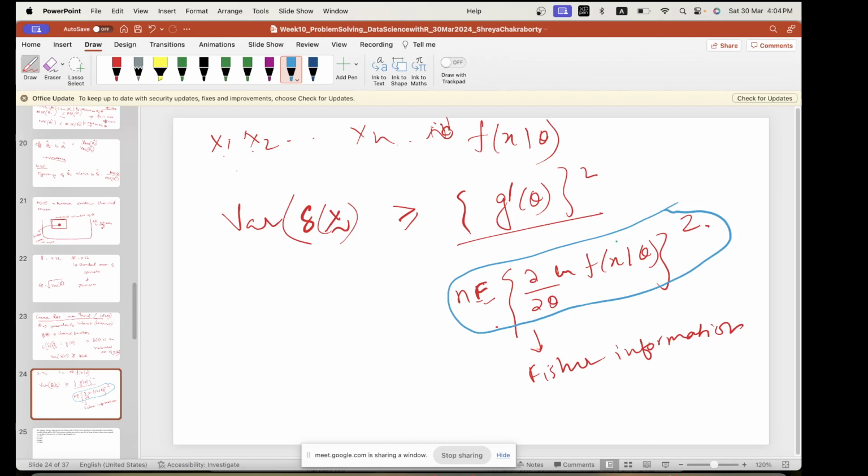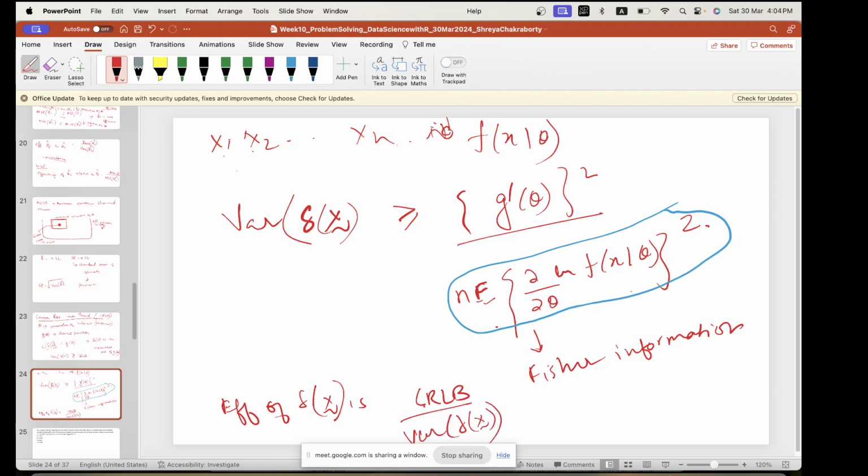So we see that the efficiency of an unbiased estimator, let's say δ(X), is usually given by the CRLB divided by the variance of δ(X).